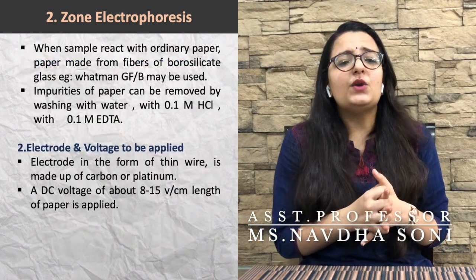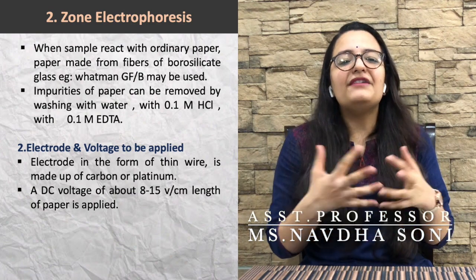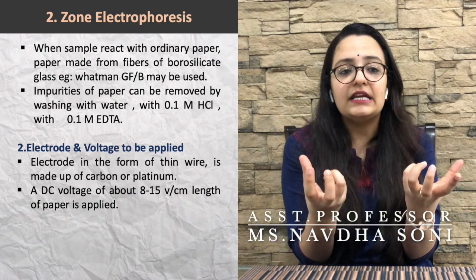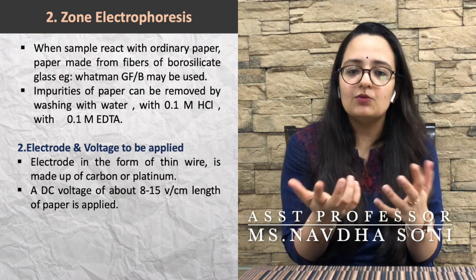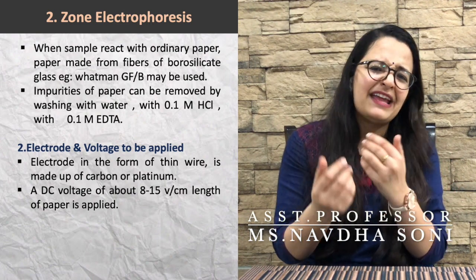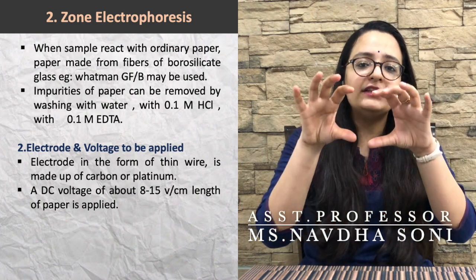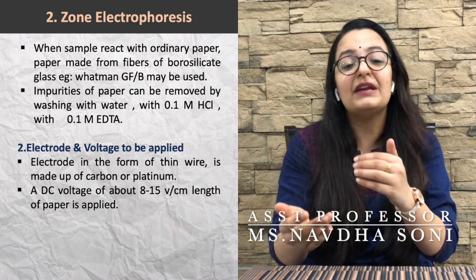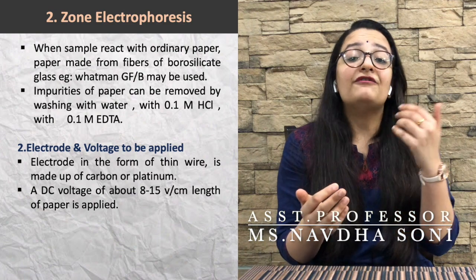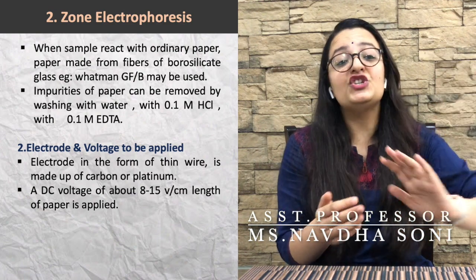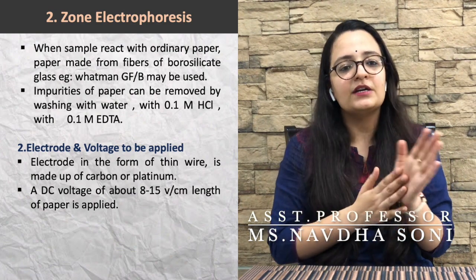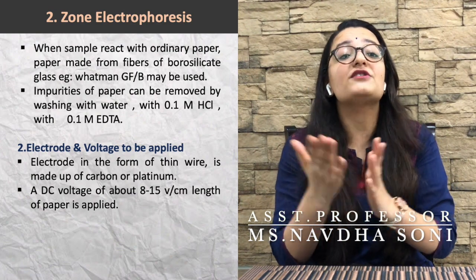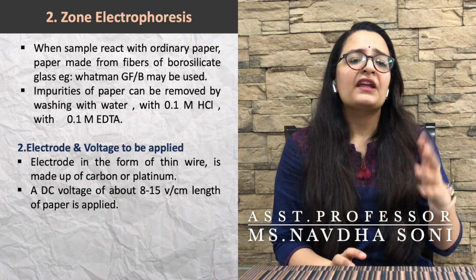When the sample reacts with ordinary paper, it adsorbs on the surface of the paper and the paper may become wet. For that, Whatman GFB is used, which is made up of fibers of borosilicate glass.